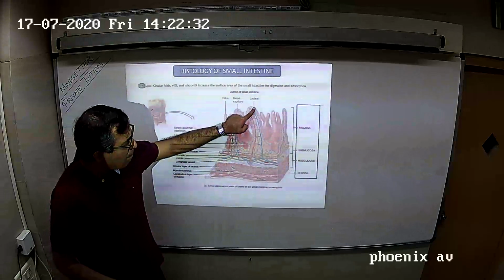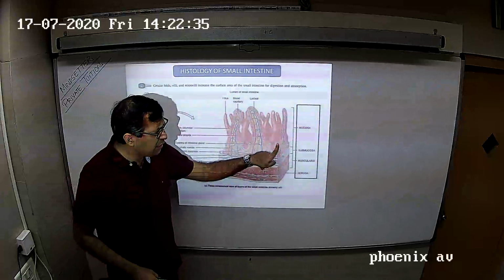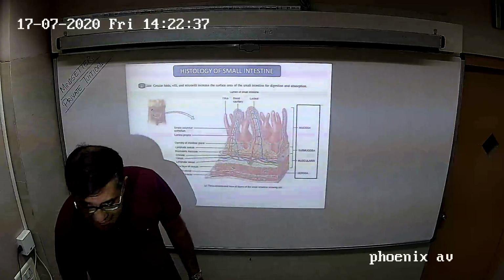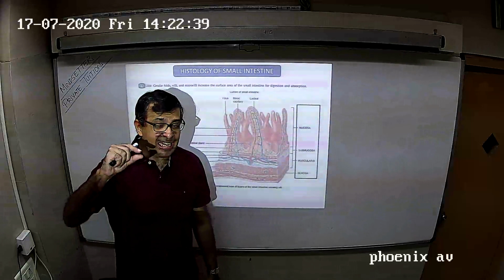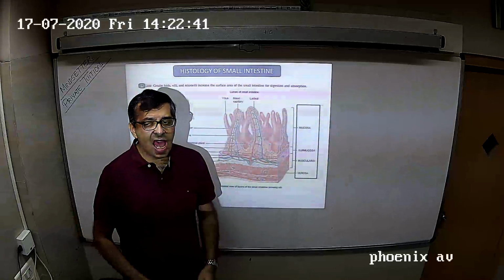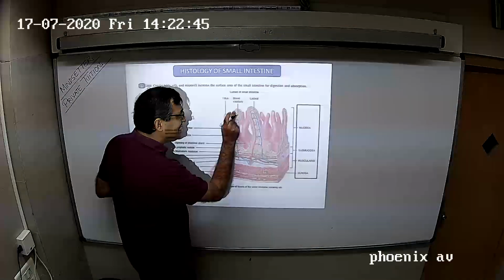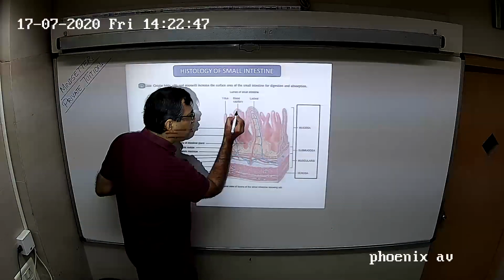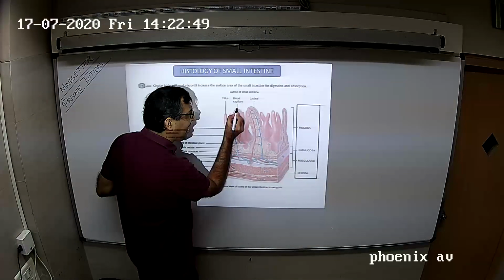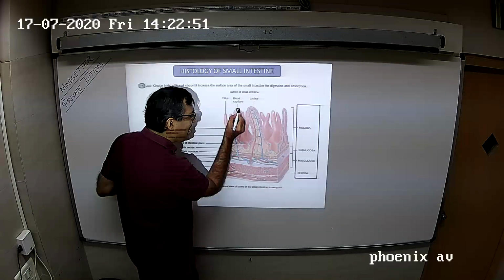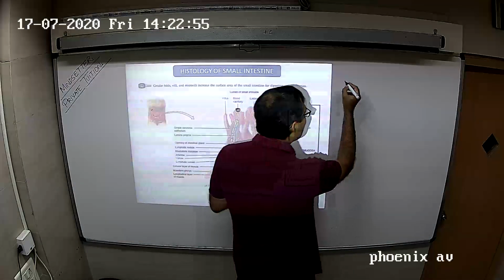And we have epithelium, and mind my words here, in case of the stomach, we had simple columnar epithelium. In case of the intestine, we have epithelium with cells like these. So, ये कौन से cells है?